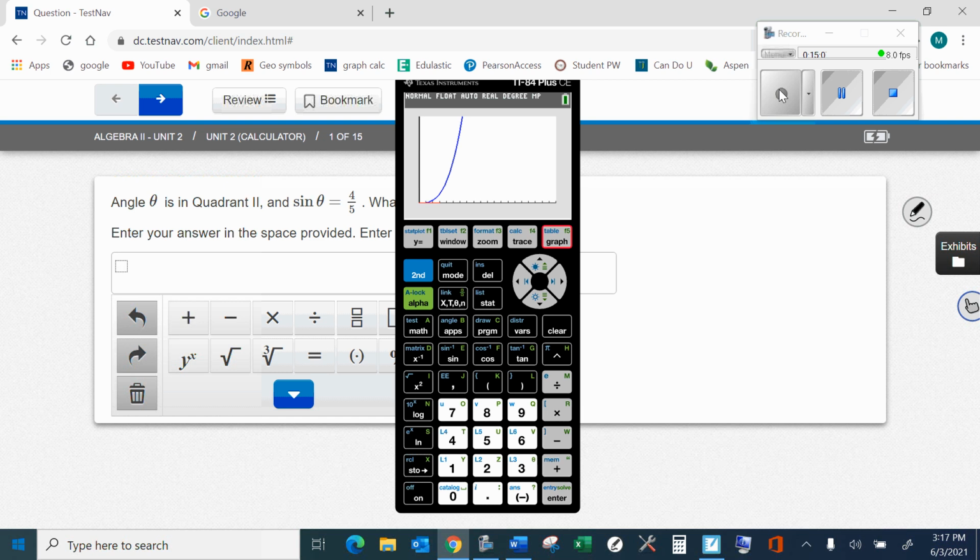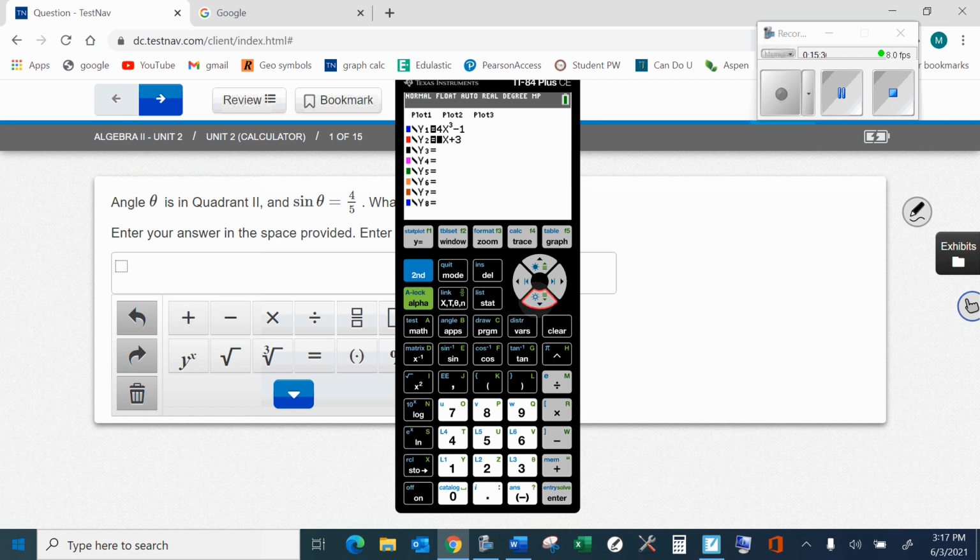Now don't forget, you can also see selected values from that graph. I hit second graph, that gives me the table. So if I plug in 0, this is your XY T-chart, as you usually hear it called in middle school. X is 0, the y value is -1 if I'm using the 4x cubed minus 1. Notice it has two answers, blue answer and red answer, because I have two equations in there.